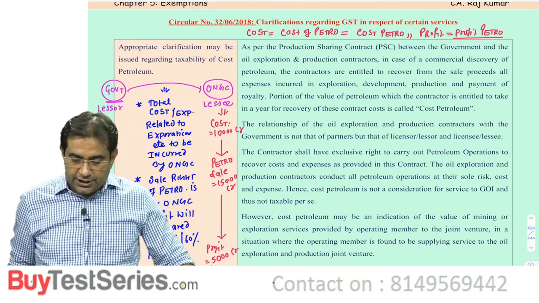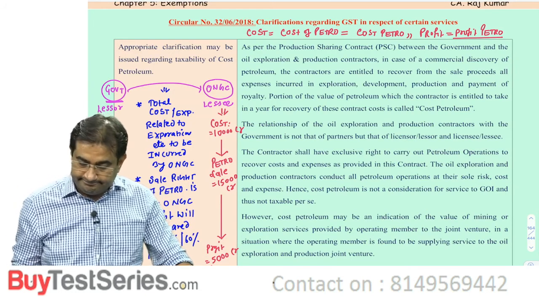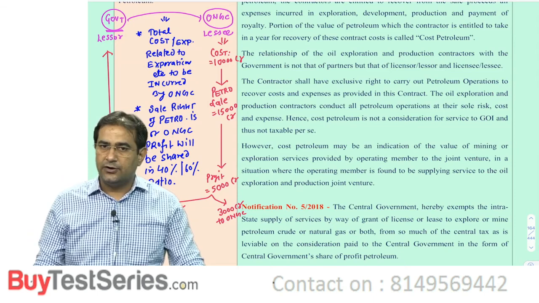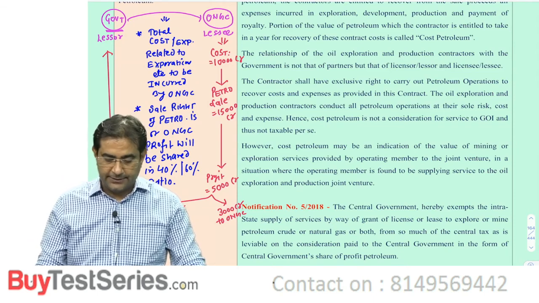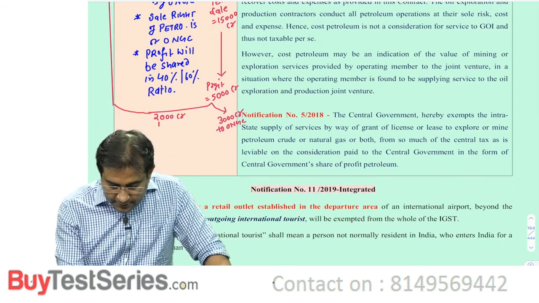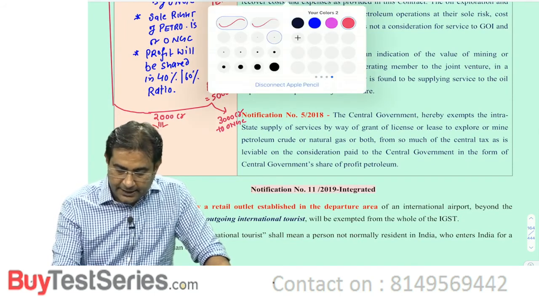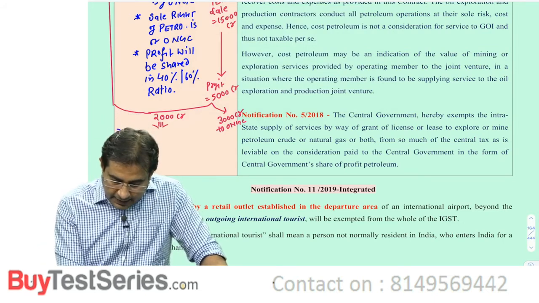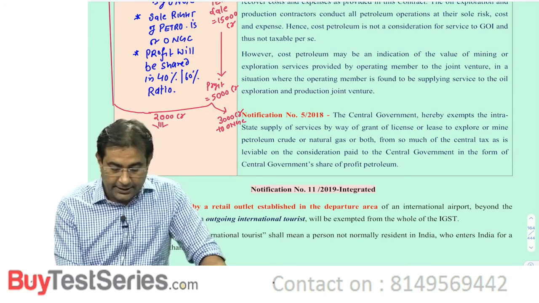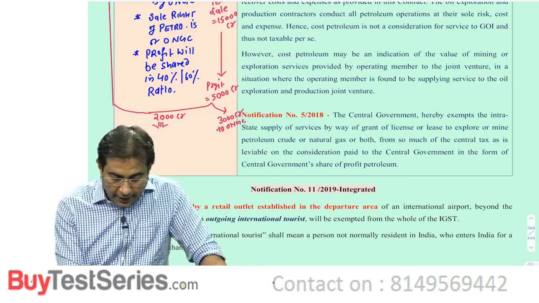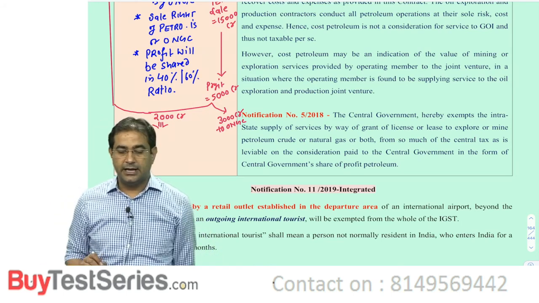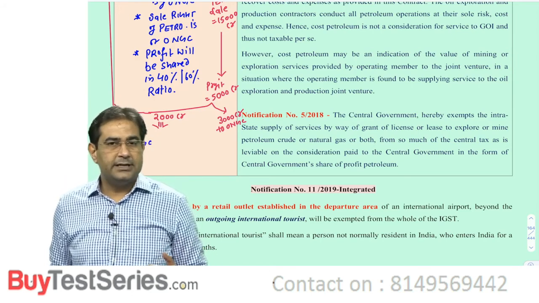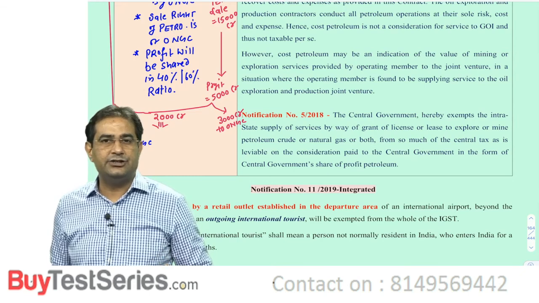Now, the question is whether it would be liable to GST or not. This is the final question. First of all, I would like to link 2,000 crore rupees. In such a case, who is the supplier? The supplier is the Government of India and the recipient is ONGC. It is basically licensing services, and supply can be classified as renting, leasing, licensing.